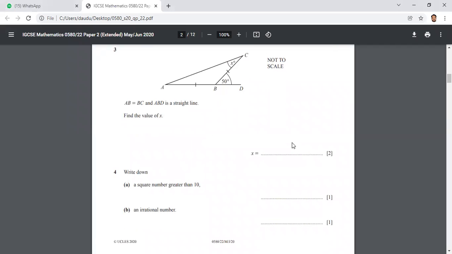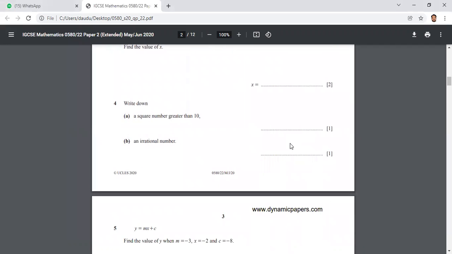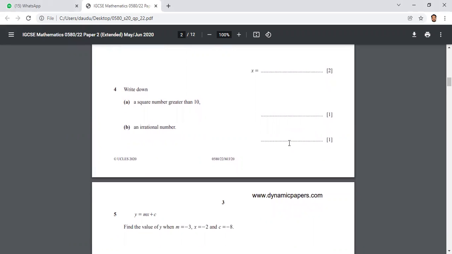Basically, a square number is a number multiplied by itself, meaning twice. That gives you a square number. 2 multiplied by 2 gives us 4, so 4 is a square number. But in this question 4, write down a square number greater than 10. Greater than 10, we see 4 multiplied by 4, which gives us 16. 5 multiplied by 5 gives us 25.